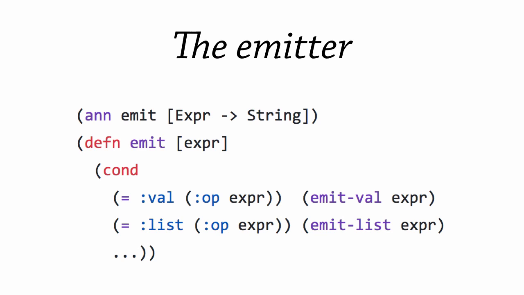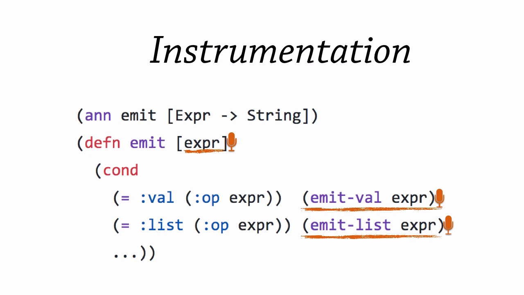If it's a value, well, we call the emit value helper function. If it's a list, we call the emit list helper function, which presumably calls emit again, and yeah. So, and those helpers don't really do any instrumentation per se. Let's hold that question. Good question.